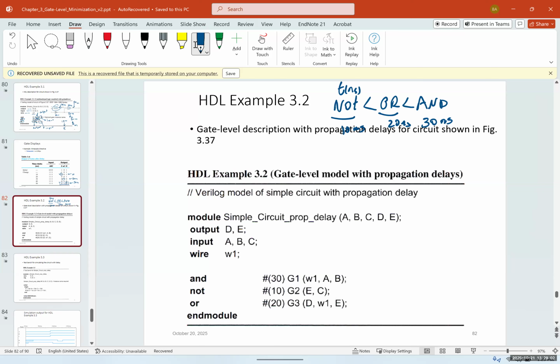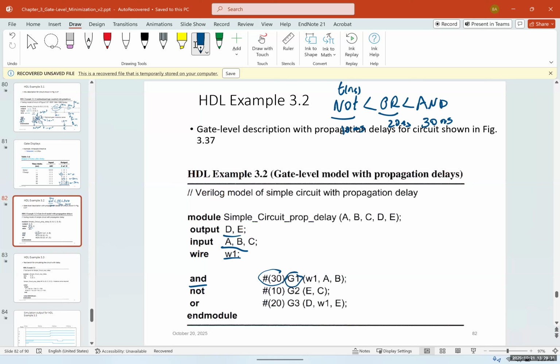So here again, what we do initially is exactly the same. We would determine the output, the input, and the wire connecting them. And then we would determine the gates. So for the AND gate, we will put a hash sign, and 30 means it takes 30 nanoseconds to propagate the delay, or the delay that this gate takes to spit out the results.